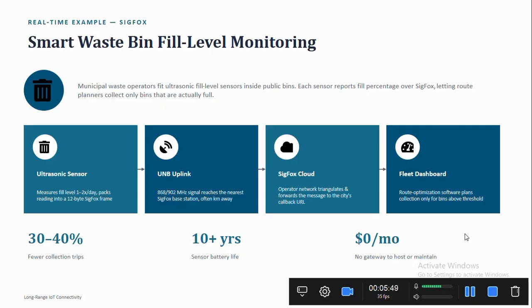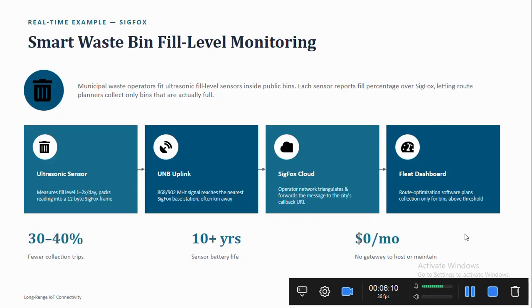The nearest base station receives it, and the data travels around 10 kilometers or more, with a sensor battery lifetime of 10 plus years.